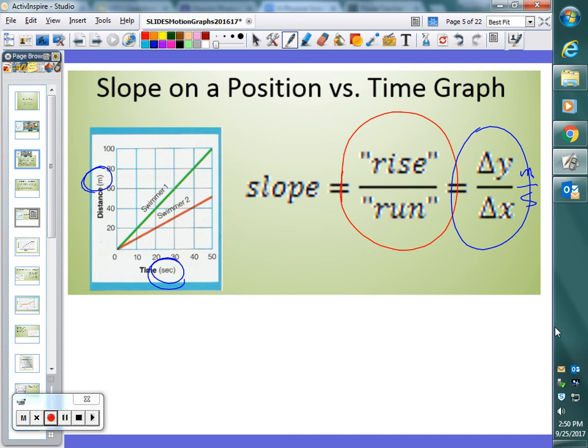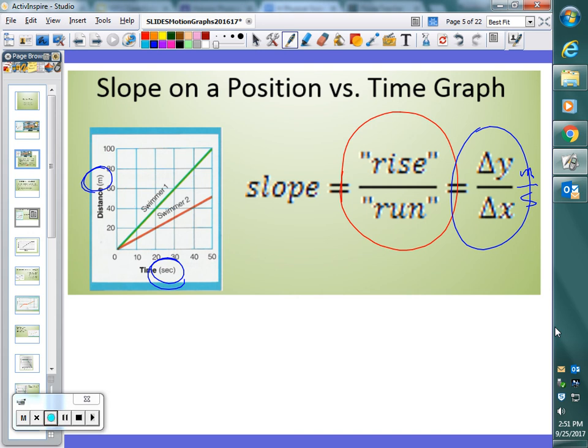Amount of meters per second, which we call the velocity, right? In this case, because we could have slope this way, or we could have slope this way, right? And that's going to be a negative or positive, which means direction is important there, right? So the slope on a position versus time graph tells us the what? The velocity of that object, right?